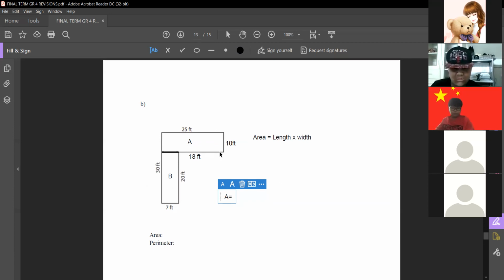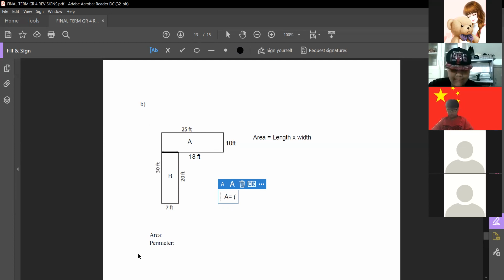Correct? Okay, now how to find the area for A first? Who can tell teacher? What multiply what? Length times width. Which one can multiply with which one? 25 times 10.